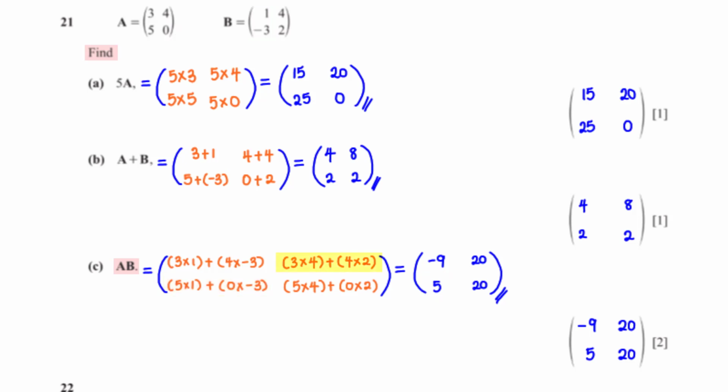For the number in this position, we multiply the elements in row 1 of matrix A with the elements in column 2 of matrix B. This gives us 20. For the number in this position, we multiply the elements in row 2 of matrix A with the elements in column 2 of matrix B. This gives us 20.